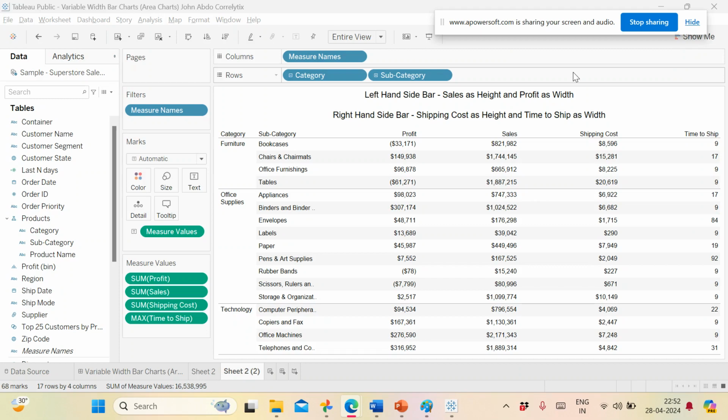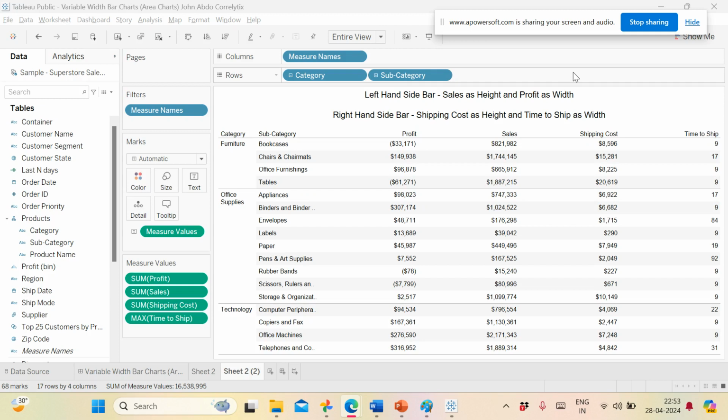So, what is the best way we can show this in a bar chart? The best way is with a variable chart. In the bar chart, the height will display sales, and the width will display profit.